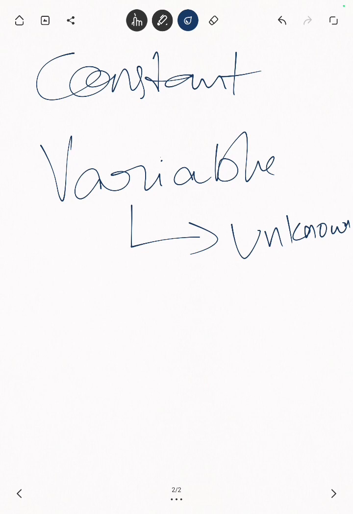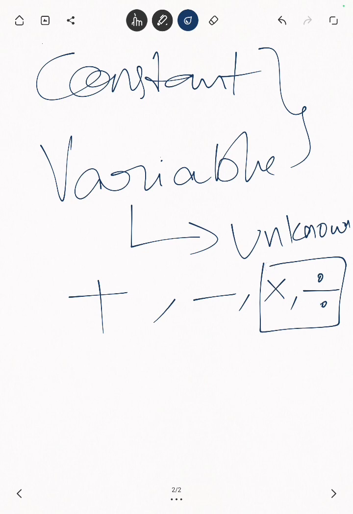Combining these variables and constants with mathematical symbols, we have four binary operations: addition, subtraction, multiplication, and division, right? If you multiply or divide constants and variables, we call those things terms.